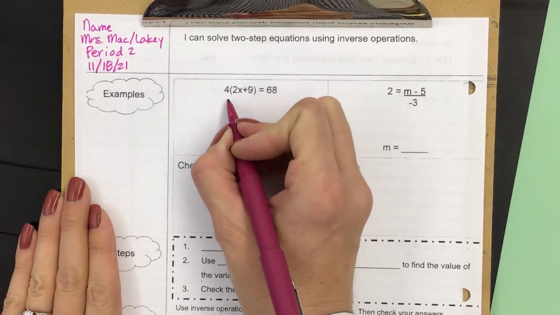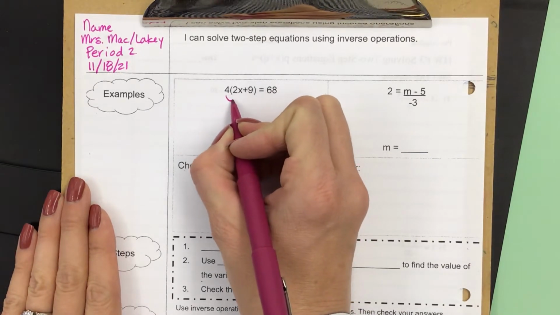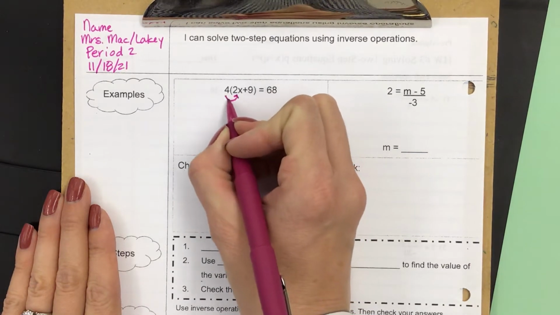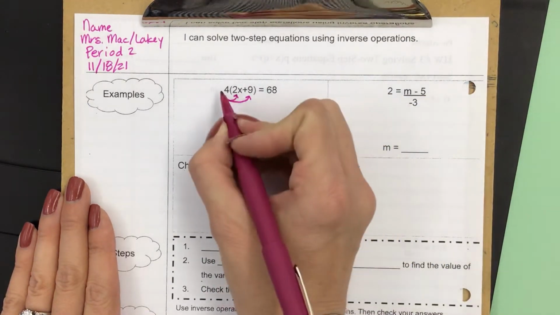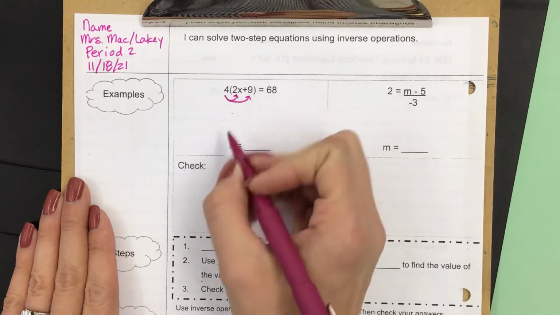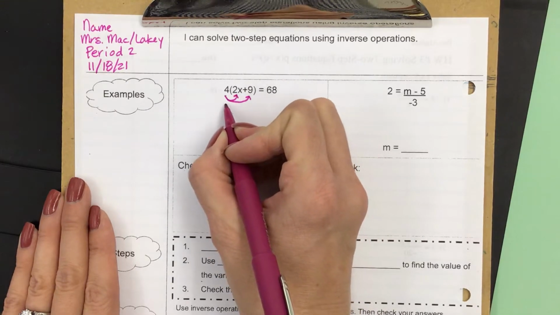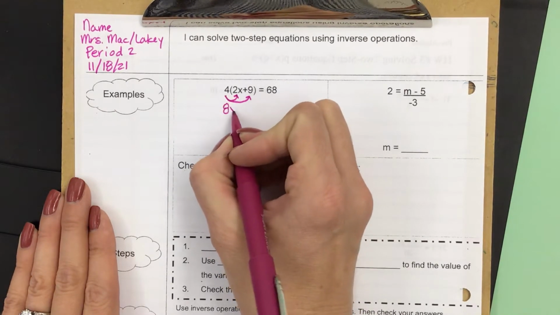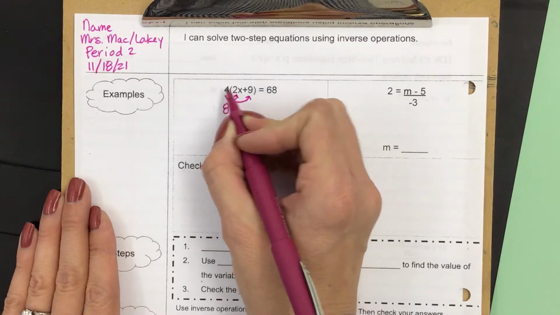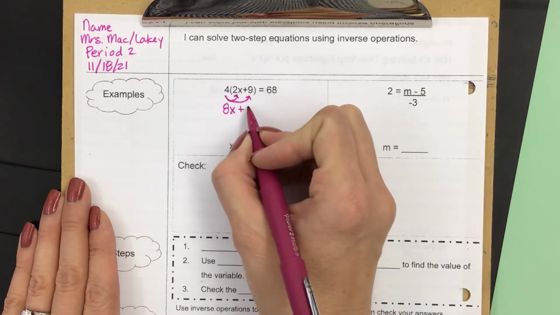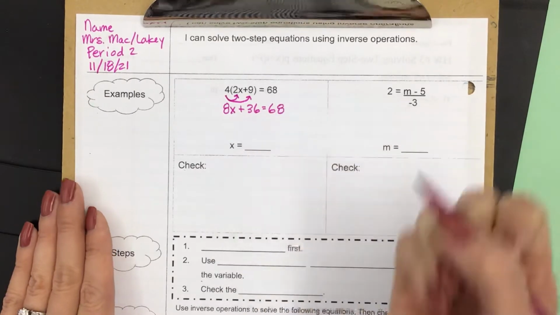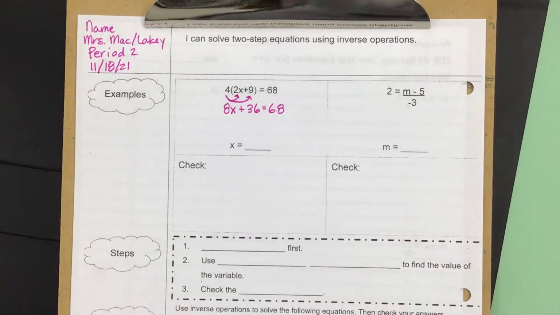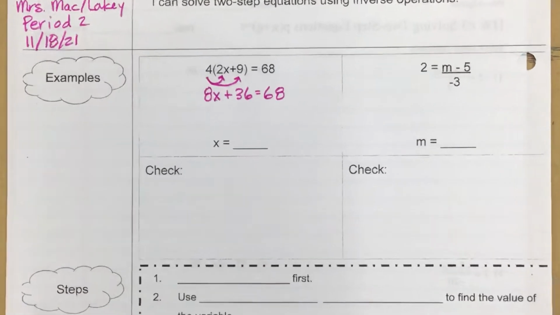So we're going to be multiplying everything inside the parentheses times 4. Okay? So it's going to be 4 times 2x, which is 8x, and then 4 times 9 is 36. And just like that, you have it in the nice form that you guys are used to solving.